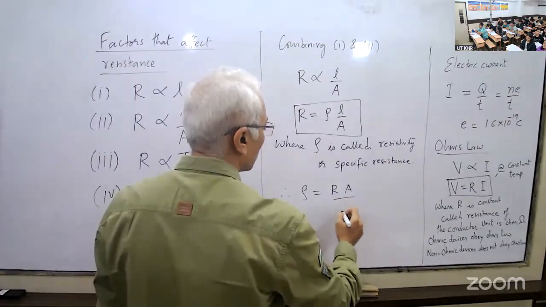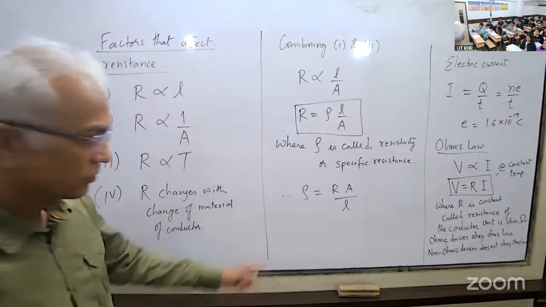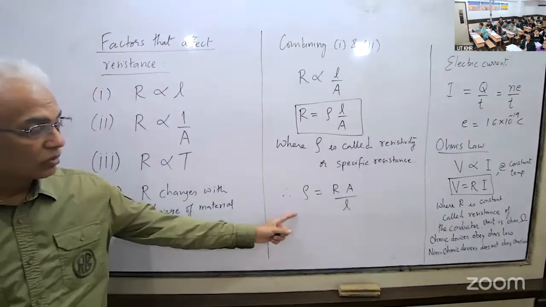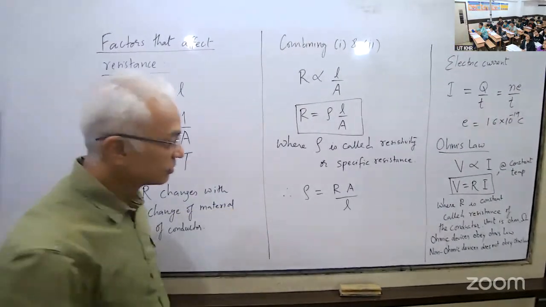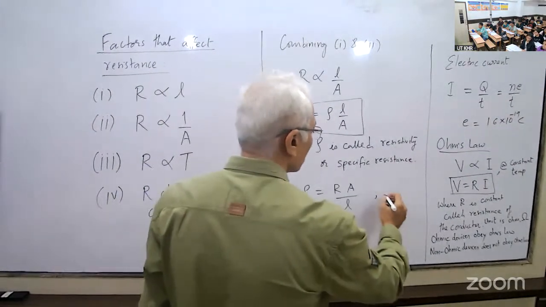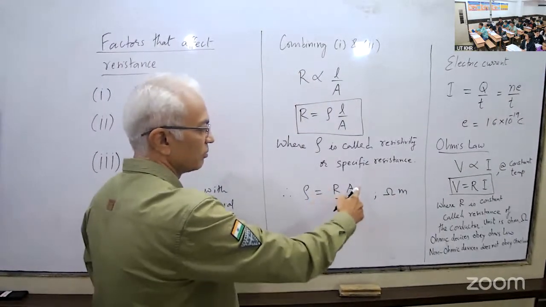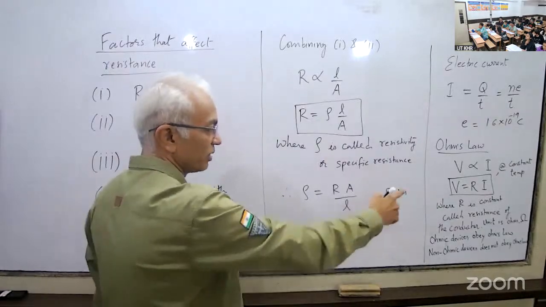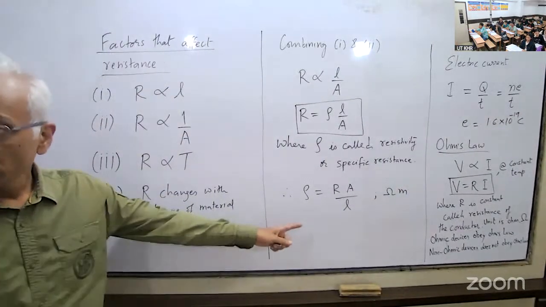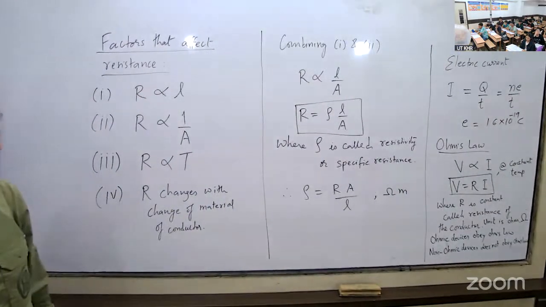Rho equals RA by L. Now, what is the unit of rho? The unit of resistance is ohm, and meter square per meter gives meter. So the unit will be ohm meter.